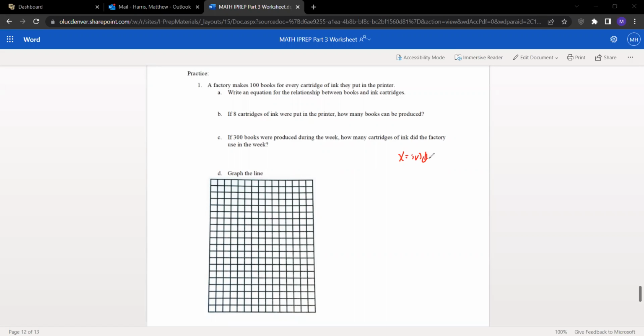Without the cartridge, you can't have any books, right? And then our y value is going to be our dependent value. As we just talked about, our dependent is our number of books, and our independent is our cartridges.